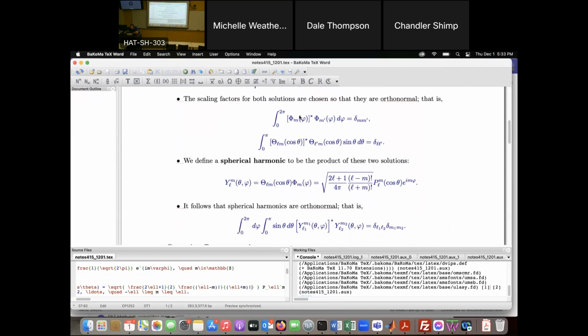So we're integrating from 0 to 2 pi in phi, and then from 0 to pi in theta with this scaling factor of sine theta. So really just multiplying these two integrals, and we get this orthonormality relation.